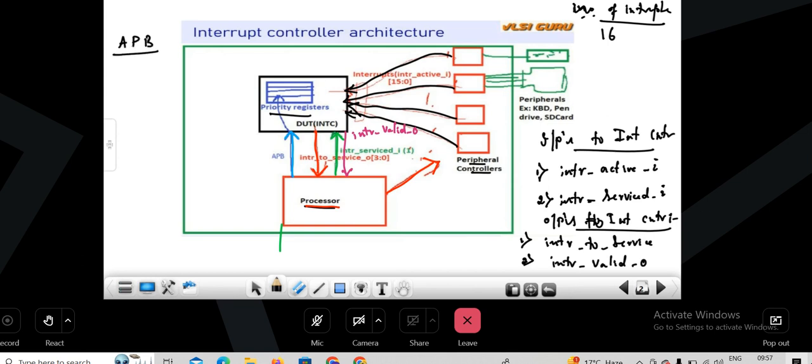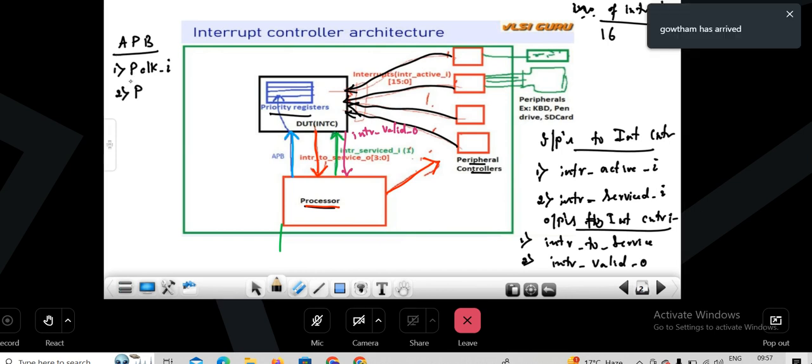Now coming to the APB protocol, we talked about these signals, right? What are the signals of this APB? One common signal is P clock, which is the input. Another common input is P reset. P indicates what here? Processor, or we call protocol. Generally you can take processor itself.